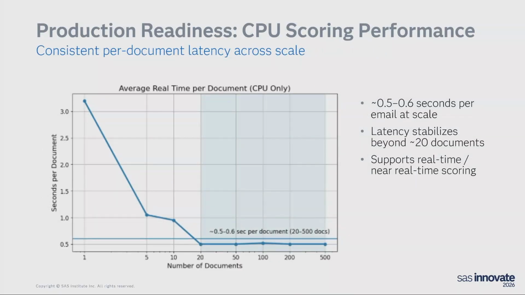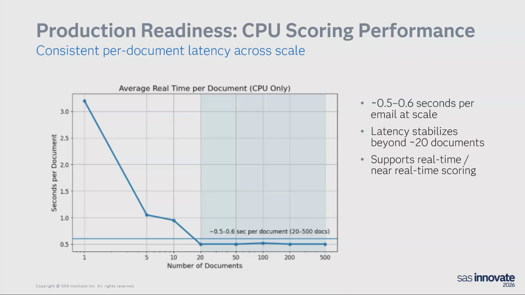So before we move to production, there's a possibility, I was told, that we only have CPUs. So I said, okay, let's run a performance study using CPU only, because we didn't have a GPU.